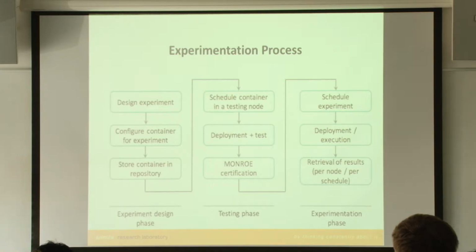And then you schedule a container on a testing node. Testing nodes are nodes that are sitting in our labs. They still have mobile communication, but if something happens, at least we have access to them and we can fix it. So that is basically the testing phase.